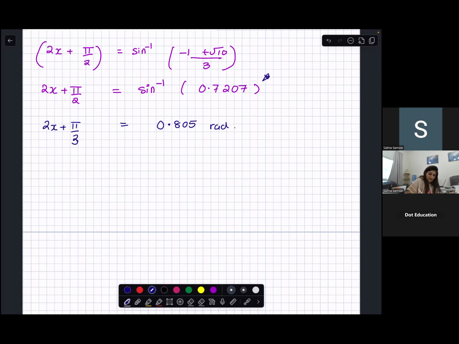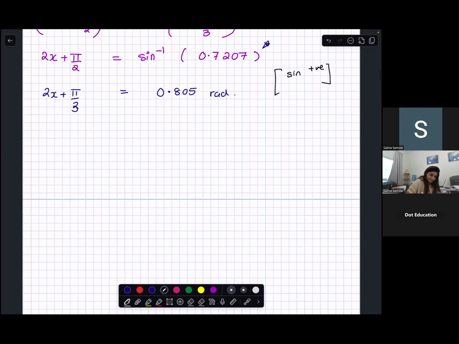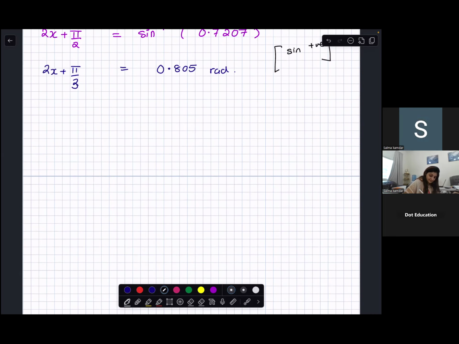Okay. So I'm saying that my sine is positive. Sine can be positive only in the first and the second quadrant. I hope you are with me.